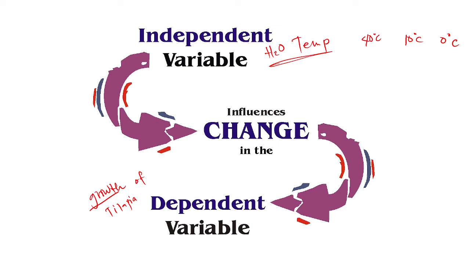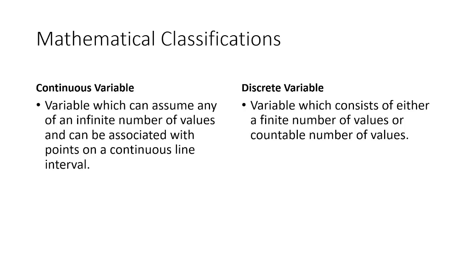So for the mathematical classification, as we have stated earlier, we have here continuous and discrete variables. By continuous variables, by definition, it is of infinite number of values. So it can be associated on the continuous line interval, while a discrete variable can consist either of finite number of values or countable number of values. So, paano yan, sir? Anong ibig sabihin yan?